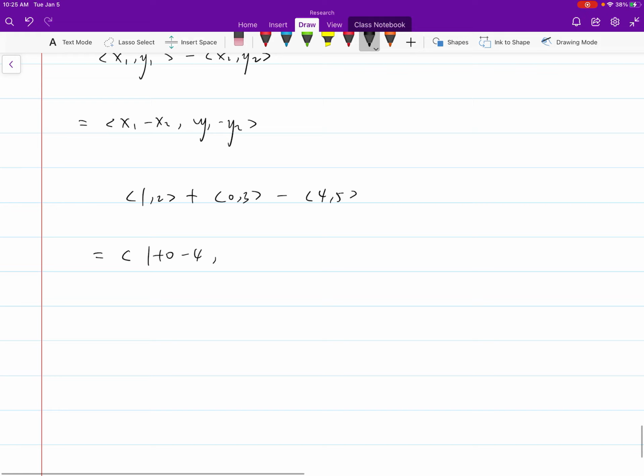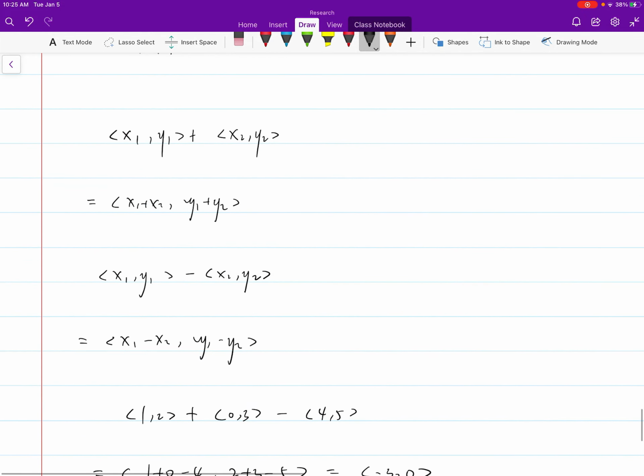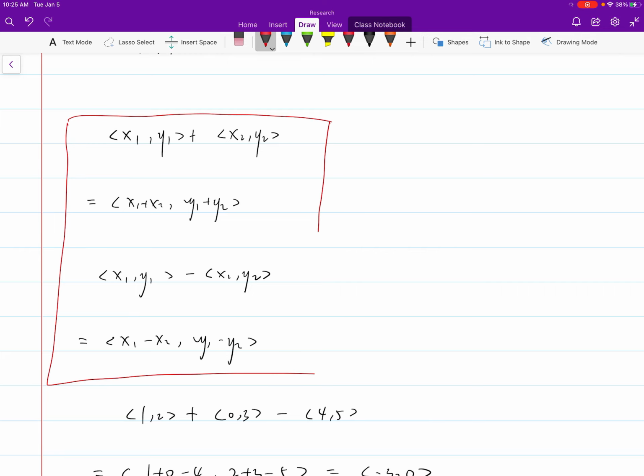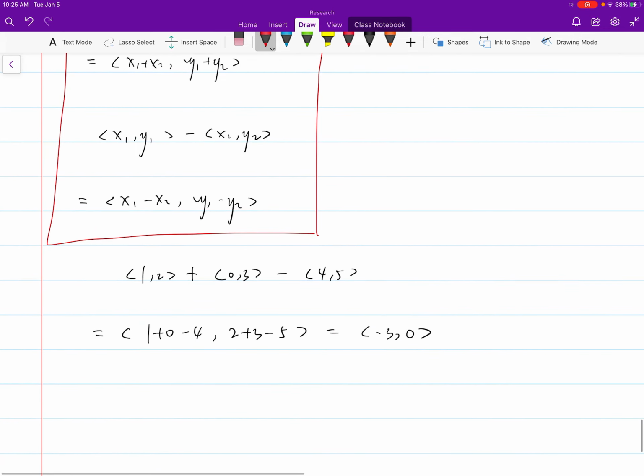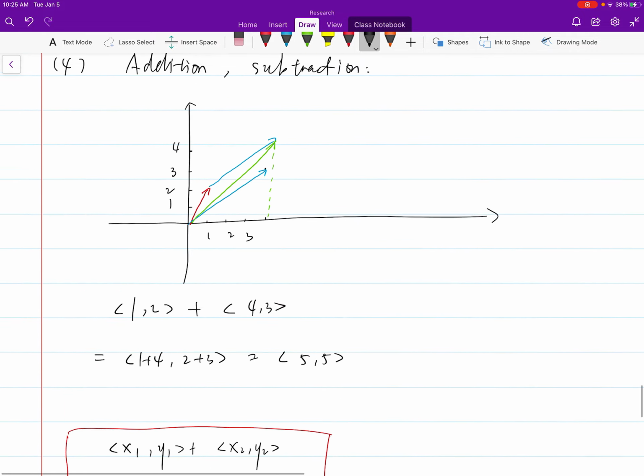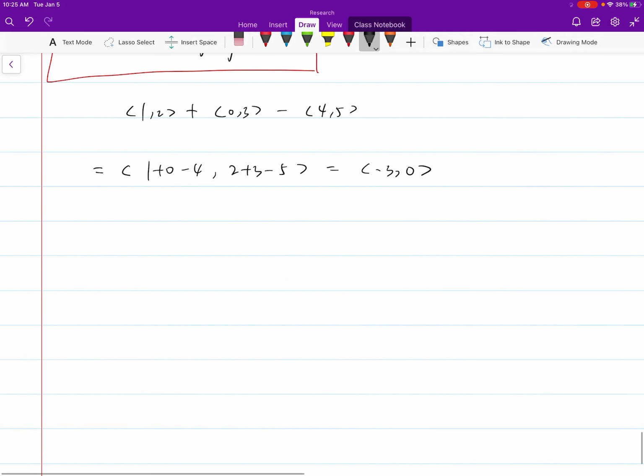It's simply just the final answer is going to be (-3, 0). Done. You do it by triangles multiple times, you will get the same answer, because basically these two rules come from the triangle law. All right, that's how we do addition and subtraction.